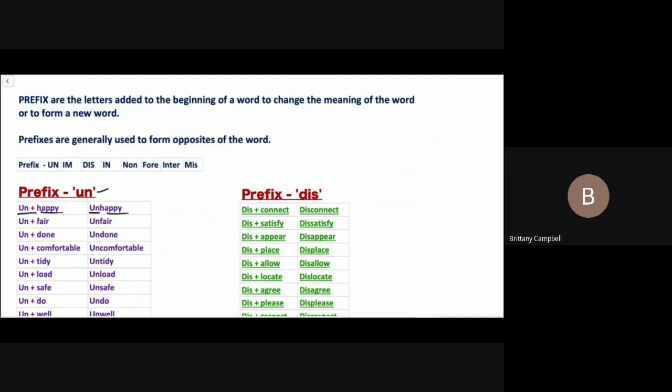So by adding the prefix un, we have changed the meaning of the word. Prefix are generally used to form the opposites of the word. Let's see some prefix. Un, im, dis, in, non, fore, inter, mis are some of the prefix we will see in this video. But there are many more prefix.